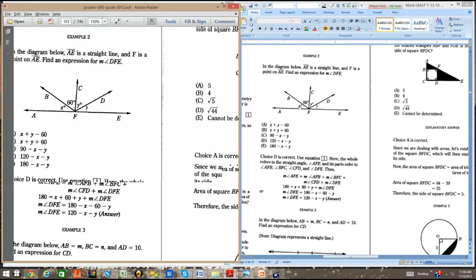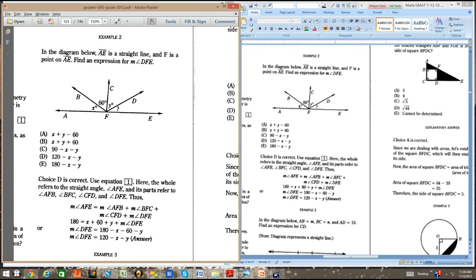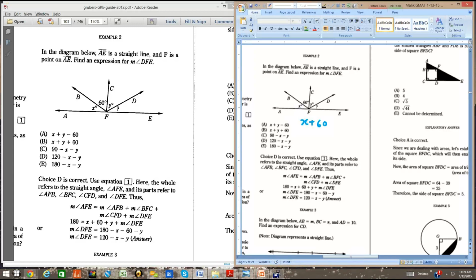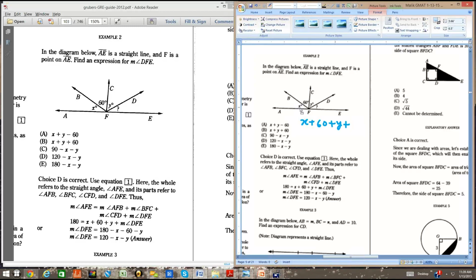Example 2. See those angles together? It's a straight line, so together it should be 180 degrees. So you know that x plus 60 plus y plus, let's call it z, equals 180.